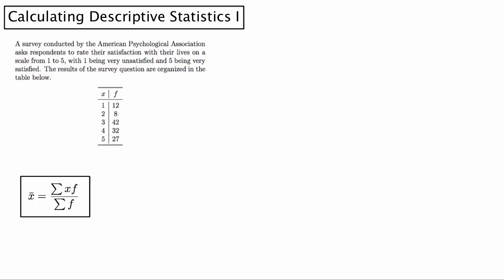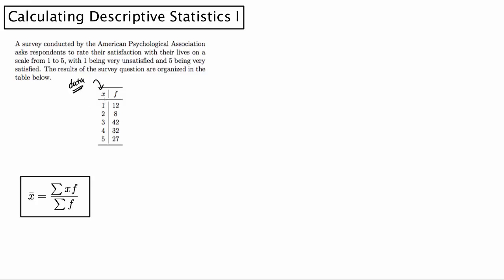And so I have a little bit of an example set up here where we have a survey that's being conducted by the American Psychological Association. And basically they're asking people to rate things on what's commonly referred to as a Likert scale. So they're ranking their satisfaction with their own lives on a scale of 1 to 5. And so what we see here is the collection of data points.